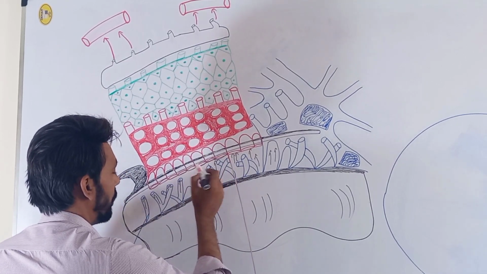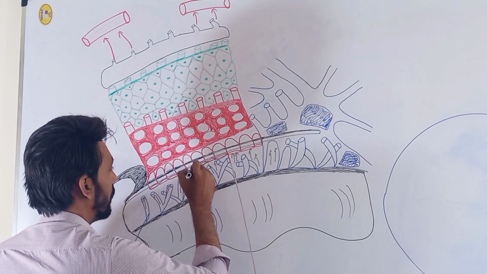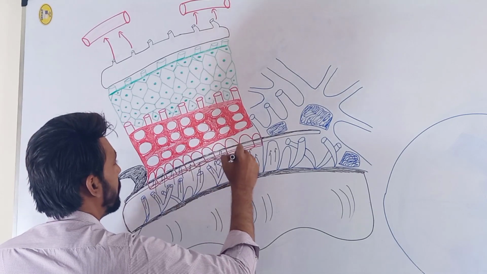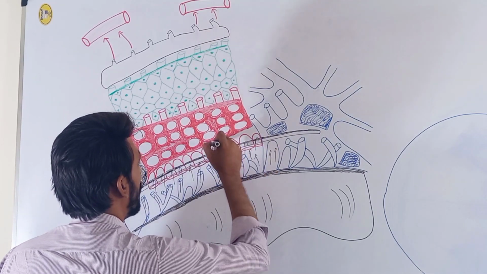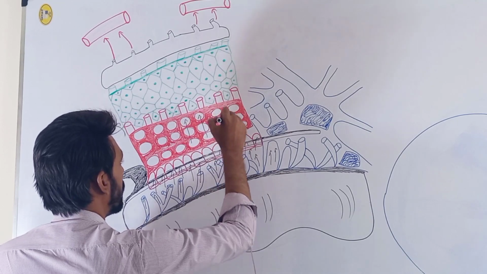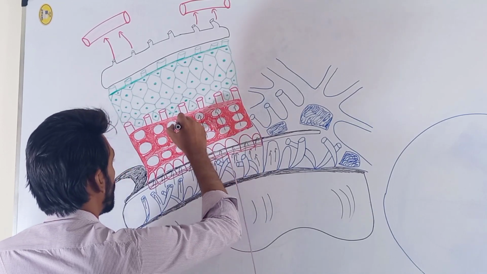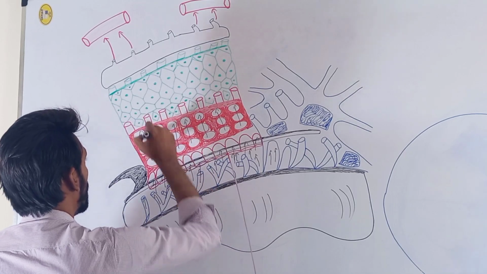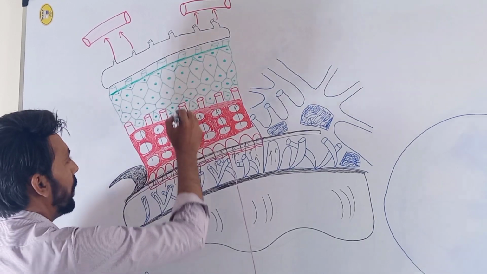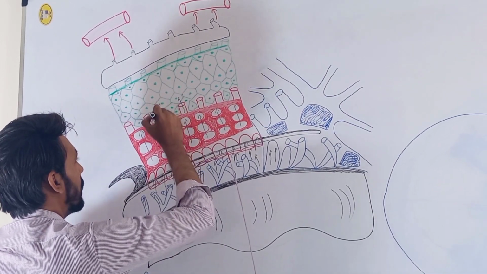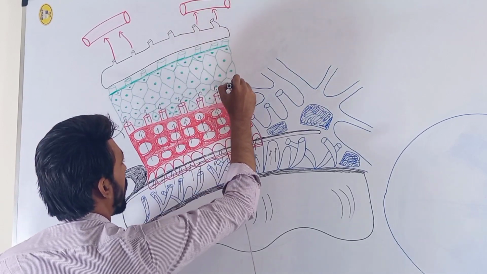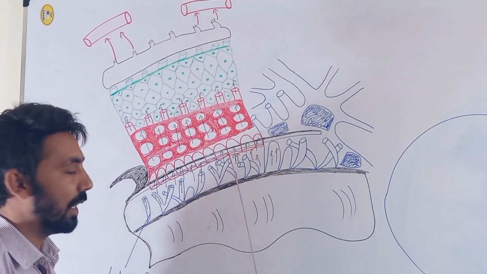From the uveal meshwork it travels into the corneoscleral meshwork, and through these openings it moves into the last step of the trabecular meshwork, the juxtacanalicular meshwork.